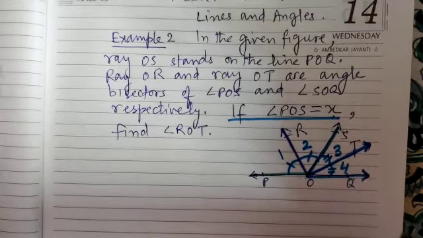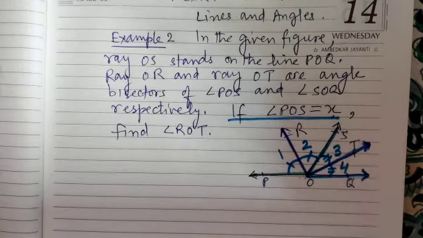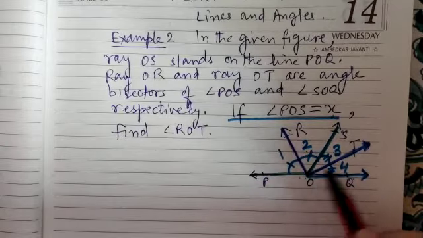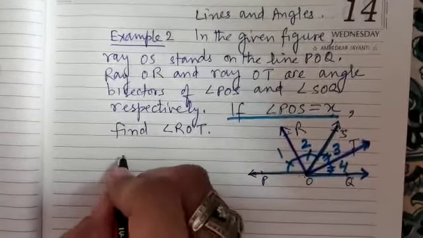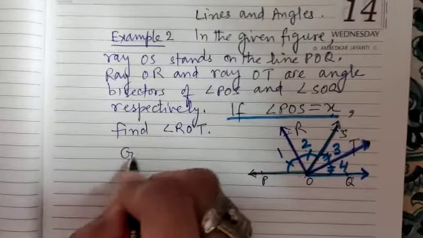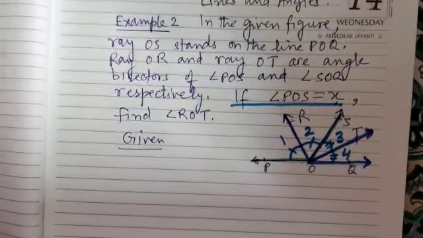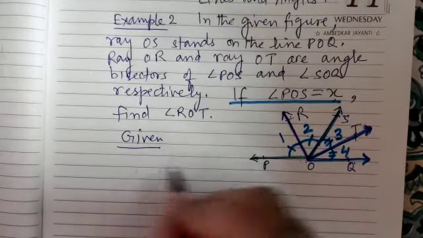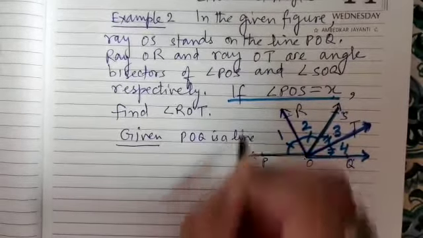So basic thing is we have to find the sum of angle 2 and angle 3. Right? So we will be using the knowledge which is given in the question and we will see how we can get the measurement of angle ROT. Let us begin. So we will write here first given. What is given? In the given, you need to write down each and everything which is there in the question. So given POQ is a line.